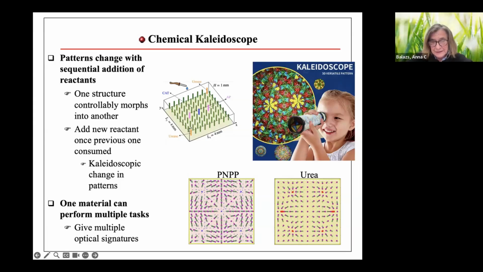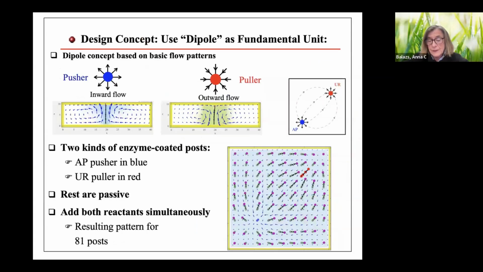I don't think these are movies, but the idea is that the mandala picture on the bottom left eventually morphs into the picture on the bottom right. So how is it that we can make these beautiful patterns? There have to be some design rules, and yes, there are. We need something like the equivalent of a dipole. My basic fundamental unit is going to be a pair of enzymes where one is the pusher and the other one's a puller.